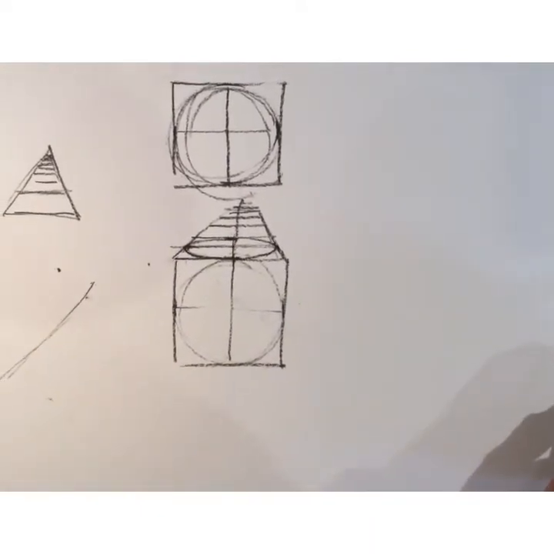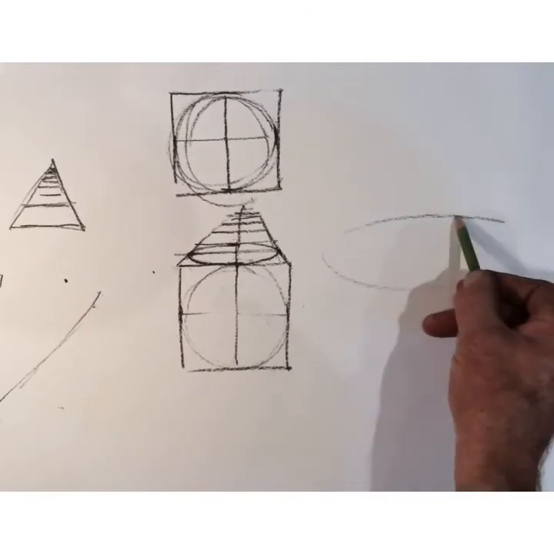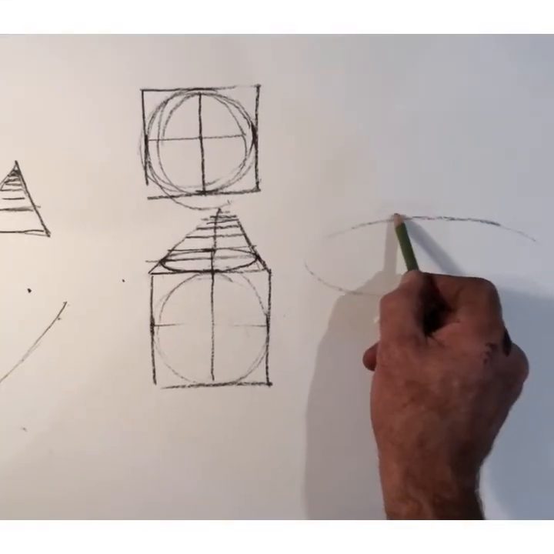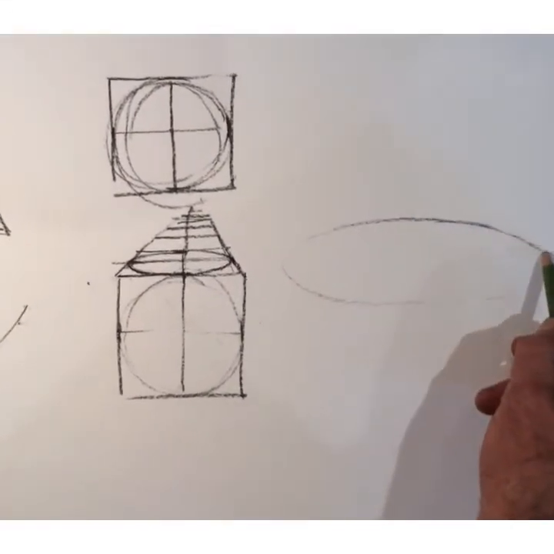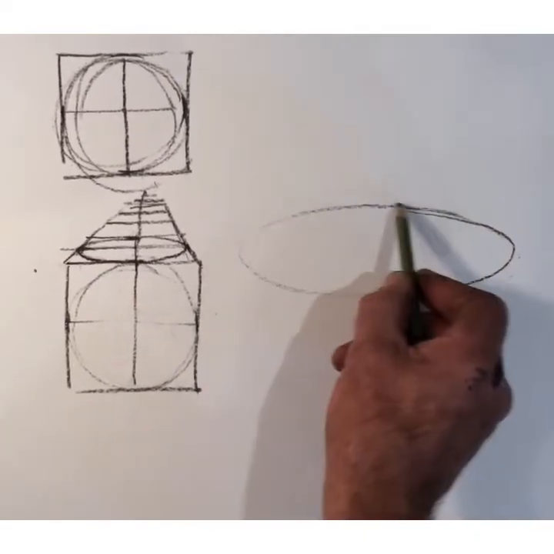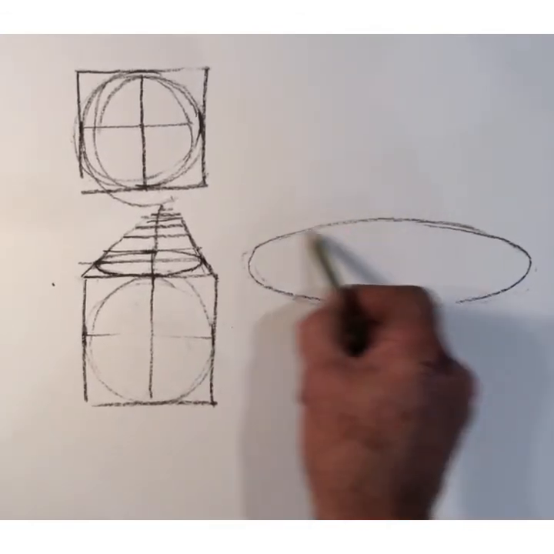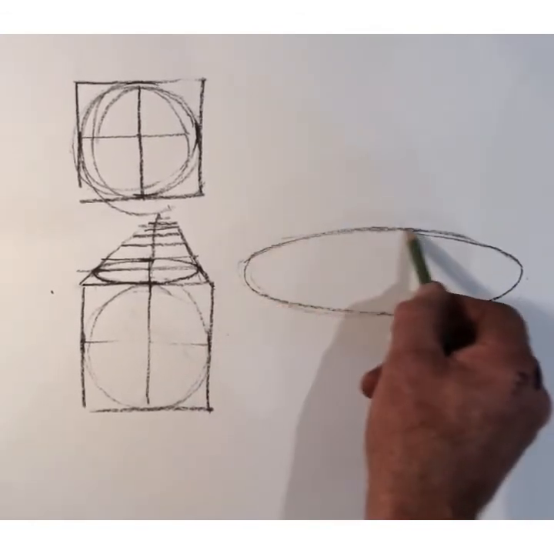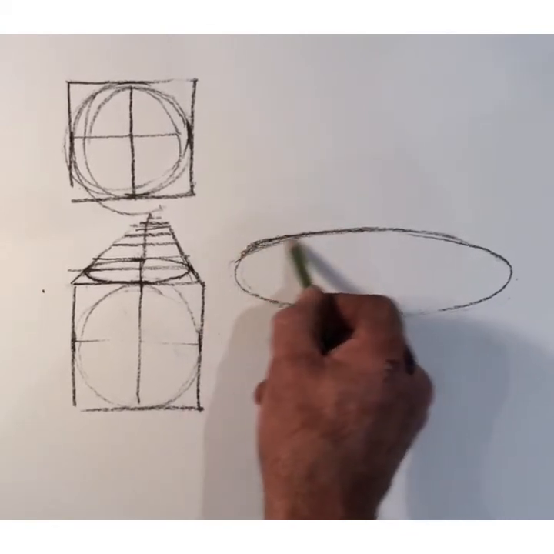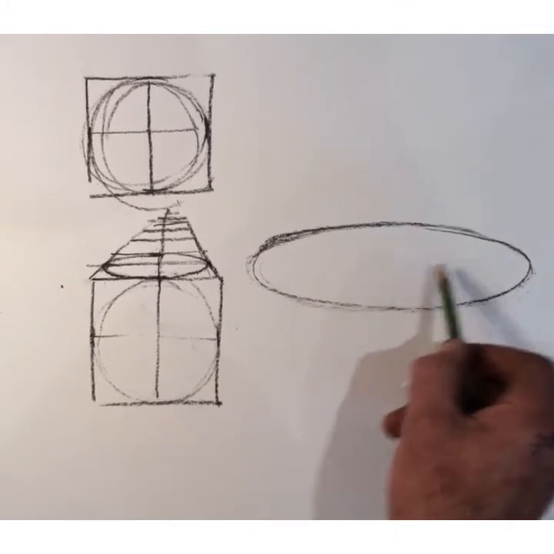So an ellipse will always be bigger in the front than in the back. It has to be, if it's drawn correctly.